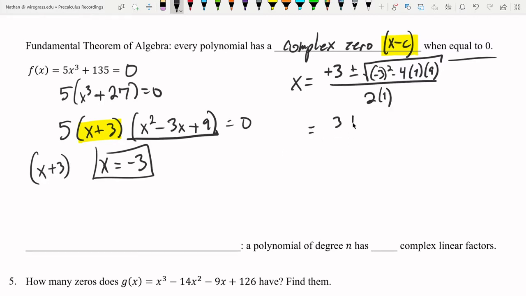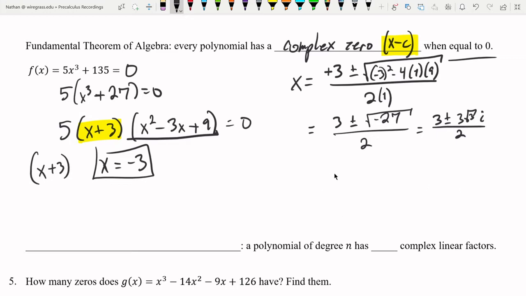Okay, that's going to give us the square root of -27 over 2. Square root of -27 is just 3 root 3i. So in fact, we get two complex numbers from this, and they're conjugates.